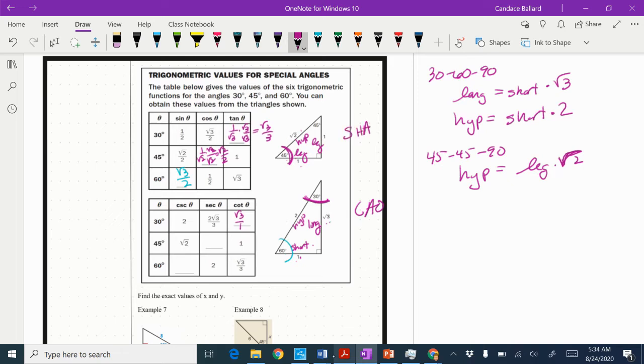So hypotenuse, which is square root of 2, over the adjacent, which is 1, or just square root of 2. And then I'm going back to the 60 here. Cosecant is cho. So my hypotenuse is 2, and my opposite is square root of 3, so I would need to rationalize that. So I get 2 square root of 3 over 3.